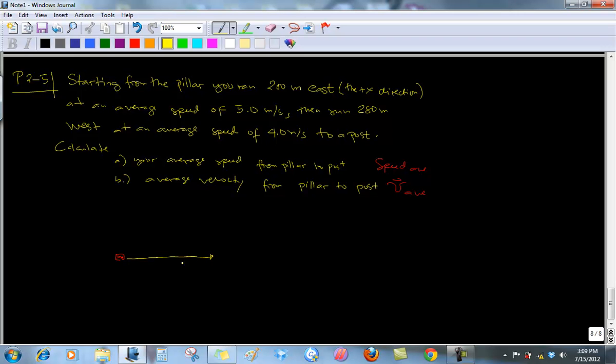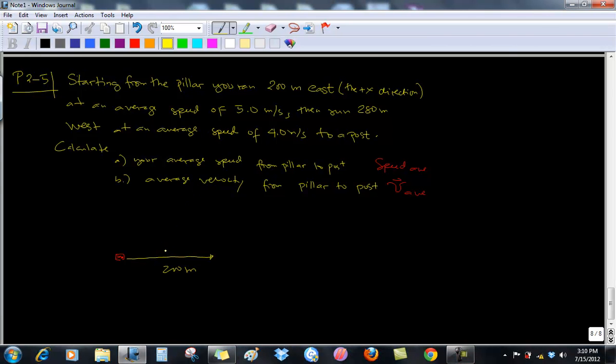That's 200 meters, again east, at an average speed of 5 meters per second. And from that, you run 280 meters west at an average speed of 4 meters per second to a post.